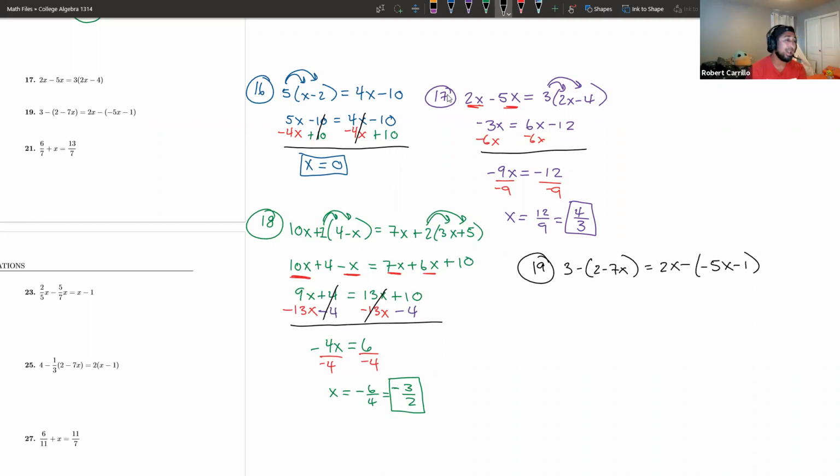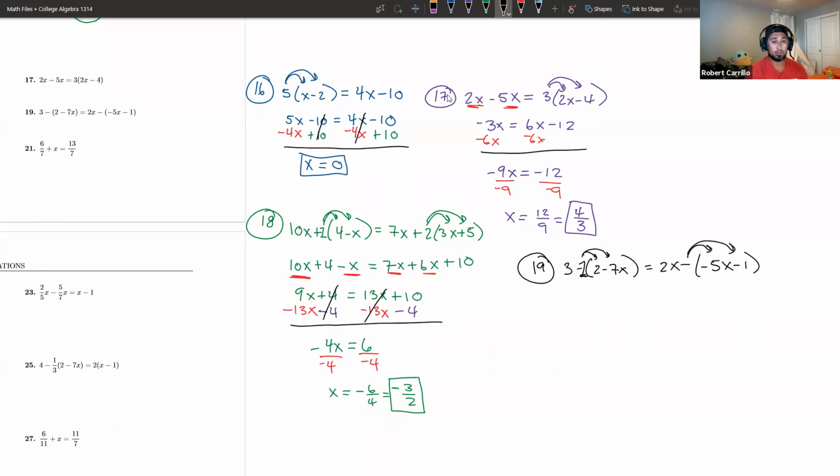So what we're going to do now in 19 is distribute these negatives. So again, since you do not see a number in front, we can assume there's a negative 1 in front and just distribute it to each term. Same thing on this side. Distribute that negative into the parentheses.